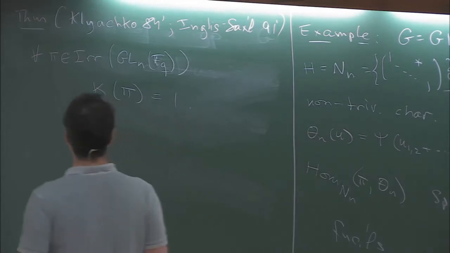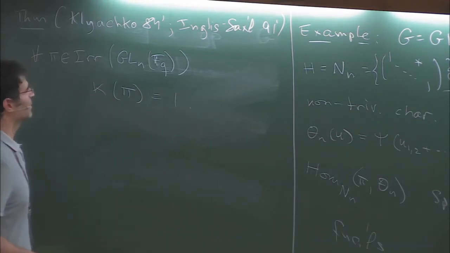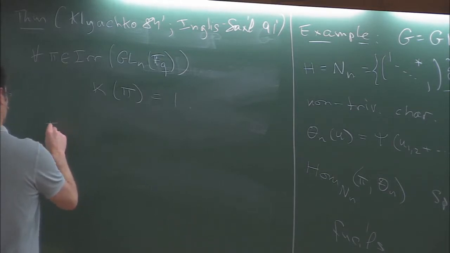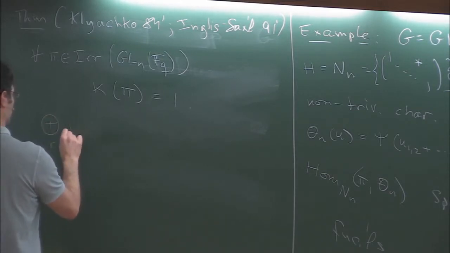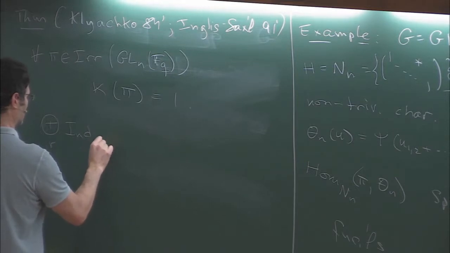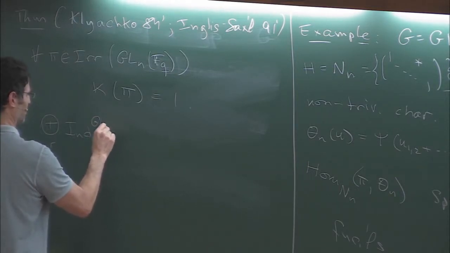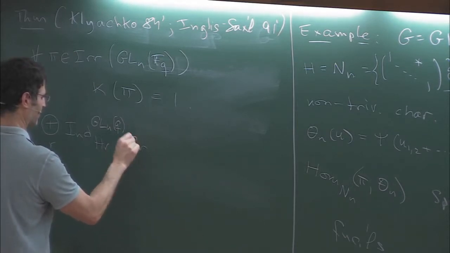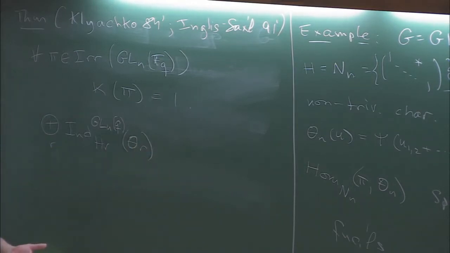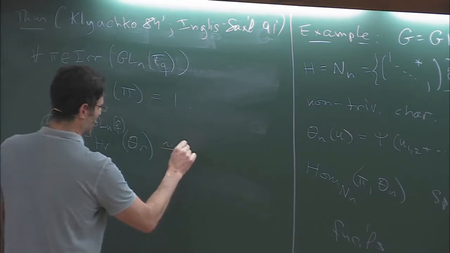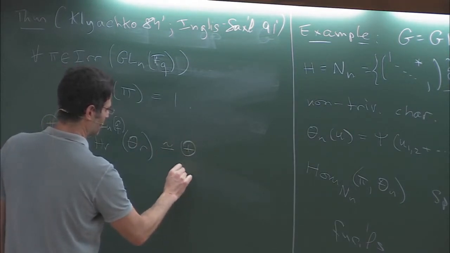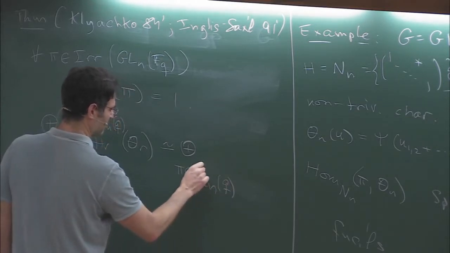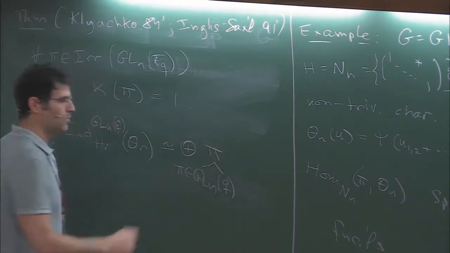So what this basically says is that if you apply Frobenius reciprocity and you look at the sum of all these induced representations, they actually realize all irreducible representations of GLN over a finite field exactly once.